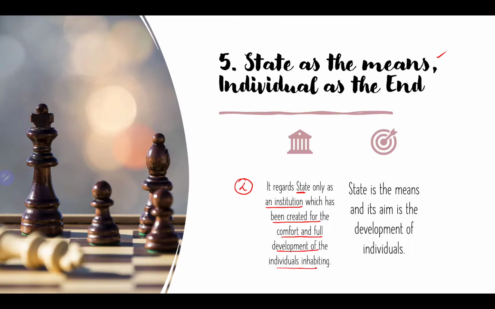The state is a means, and its aim is the development of individuals. So the main aim of the state should be the development of individuals. This is your fifth feature.